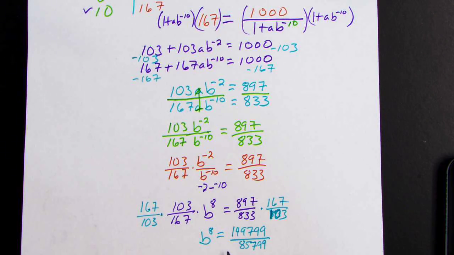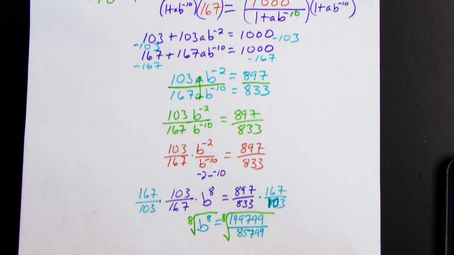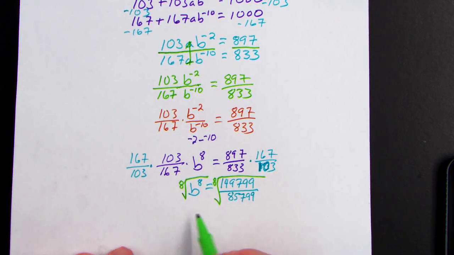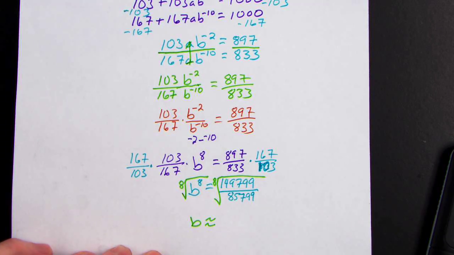When I've got this now, I've got b to the 8th power equals some number. I can actually take the 8th root of both sides of this equation now. And when I do that, that's going to give me a value for b. I'm just going to punch all of that into my calculator.